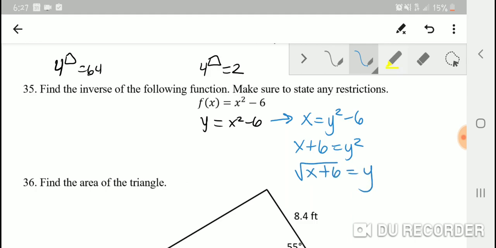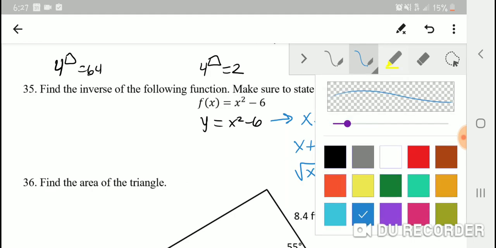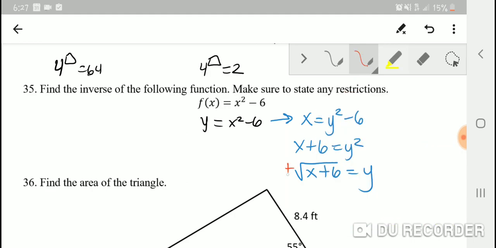Whenever I take the square root of something, there is a positive and a negative answer. The restriction here is that I can't have both a positive answer and a negative answer at the same time, because that doesn't pass the vertical line test. So usually we only say it's the positive square root of x plus 6.